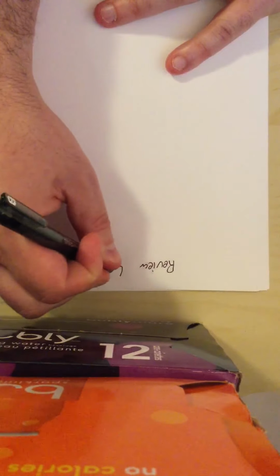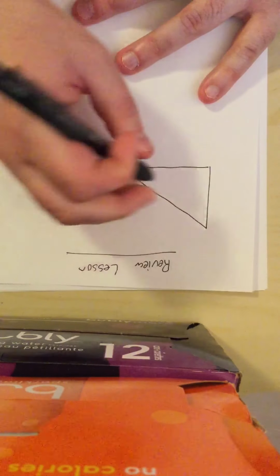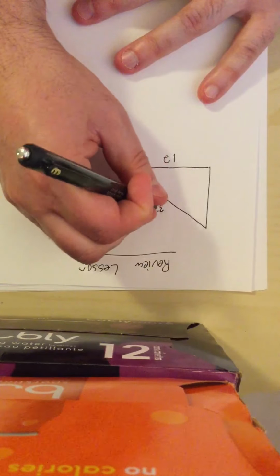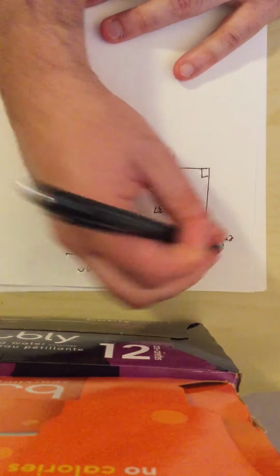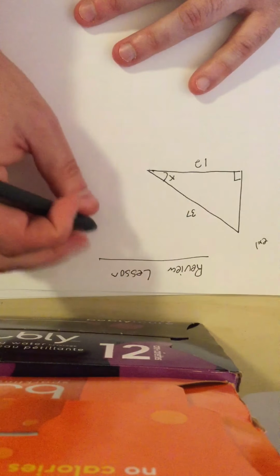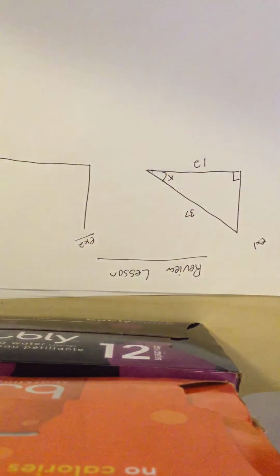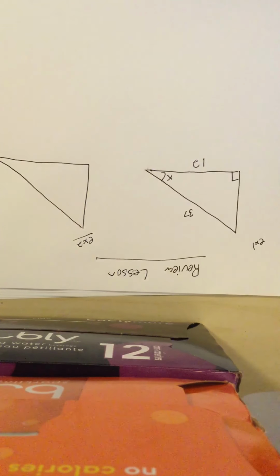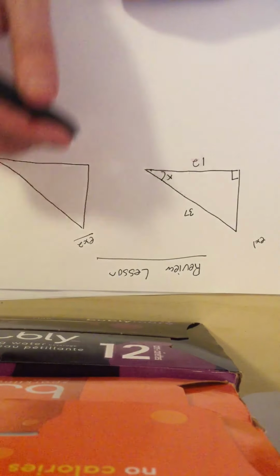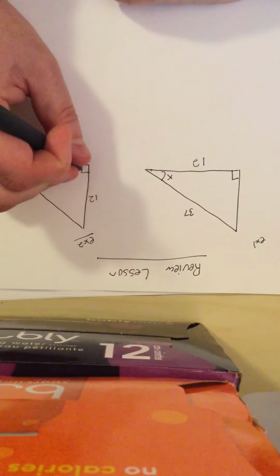So you're going to review the lesson. That was example 1. Example 2 was 12, 43, x.